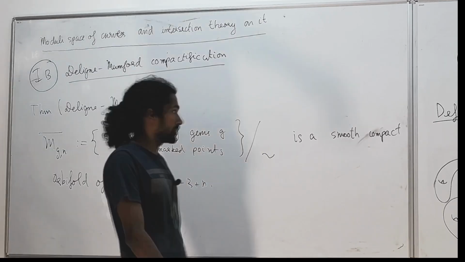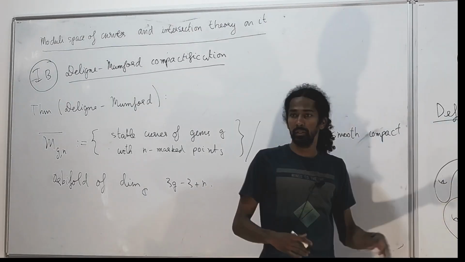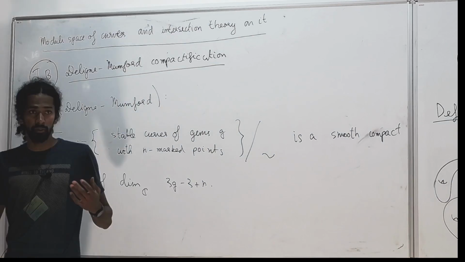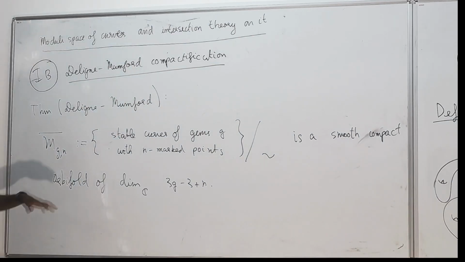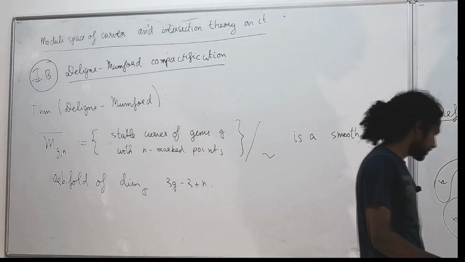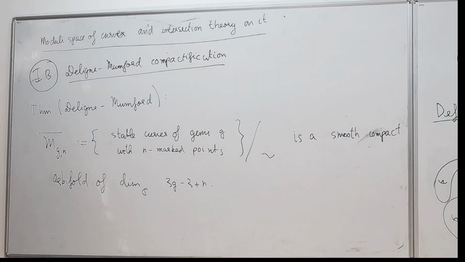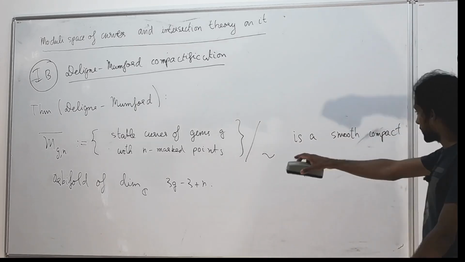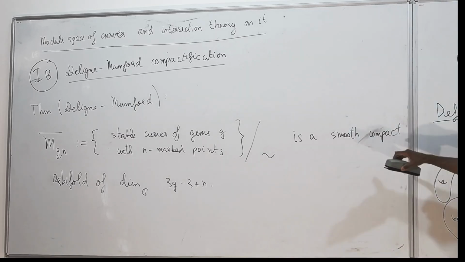So that's basically the right class of curves to include in M_g,n bar, so that you get a compact moduli space, right? And inside M_g,n bar, there's obviously M_g,n, the ones that don't have any nodes. Let me try to give you examples that at least illustrate the fact that it's compact.